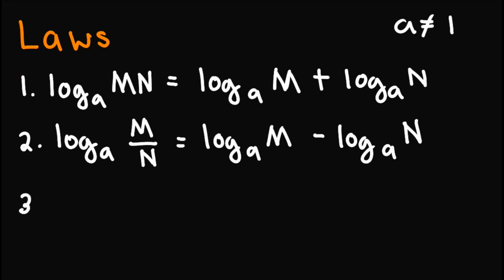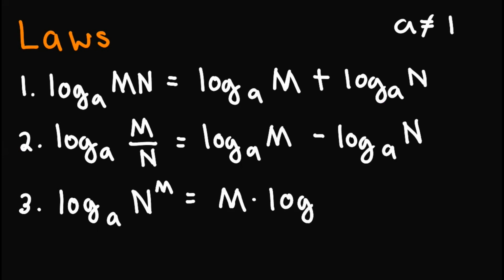Next, we've got the logarithm of n raised to m with respect to base a is simply m times the logarithm of n with respect to base a. It's not a logarithm out here, it's simply the constant m.